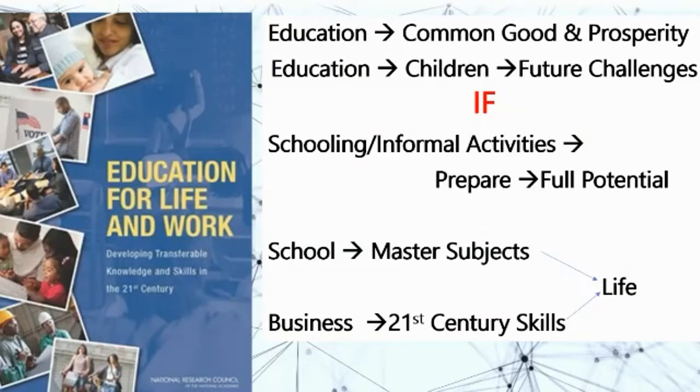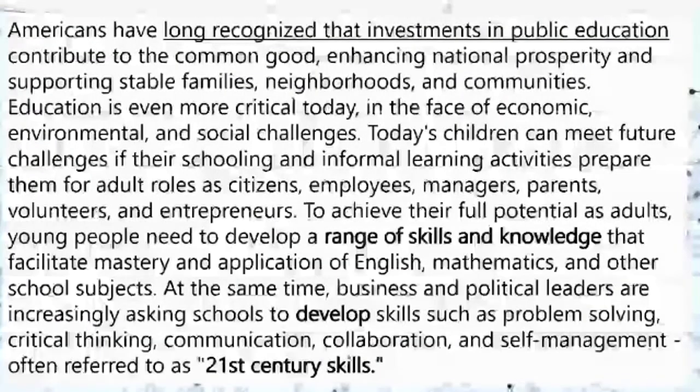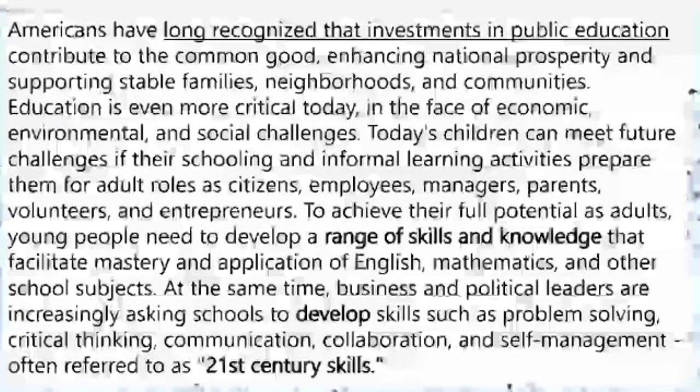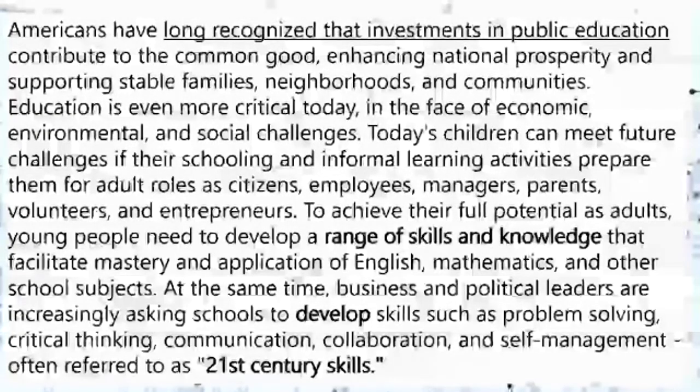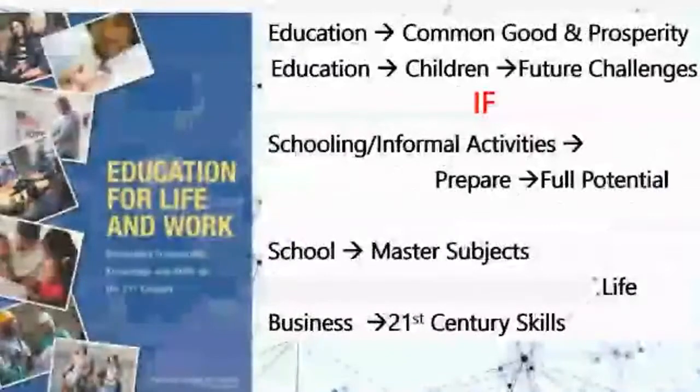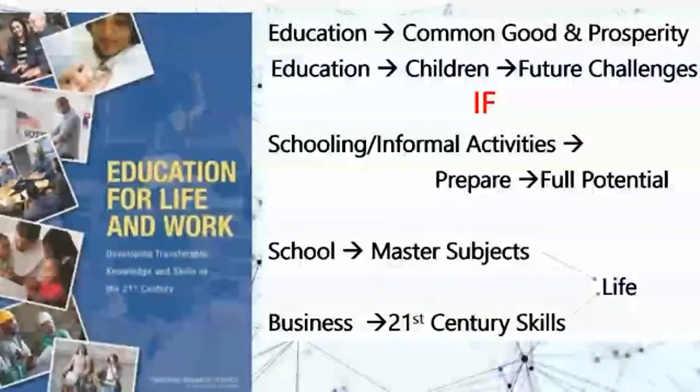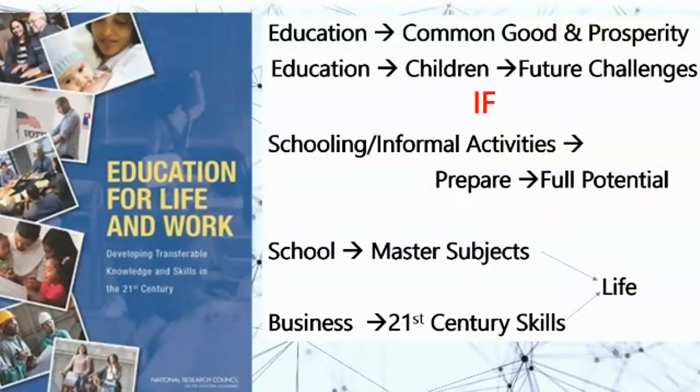The end of the quote, and I'm going to go back one, talks about what schools are supposed to do, which is master subject areas, and what businesses and political leaders are asking schools to do, which are to develop 21st century skills. There's no doubt we need both of those things as students move into the rest of their life and to help them be successful in the rest of their life. The challenge is, it seems like we're always trying to separate them out.